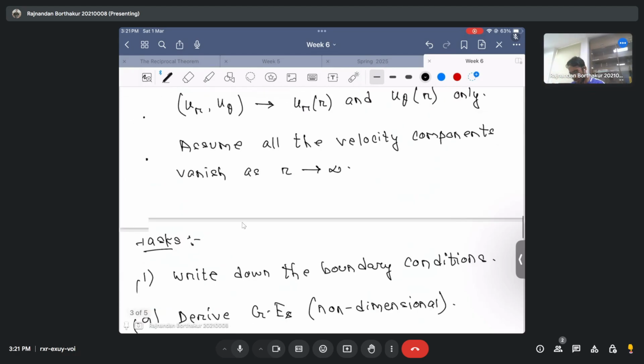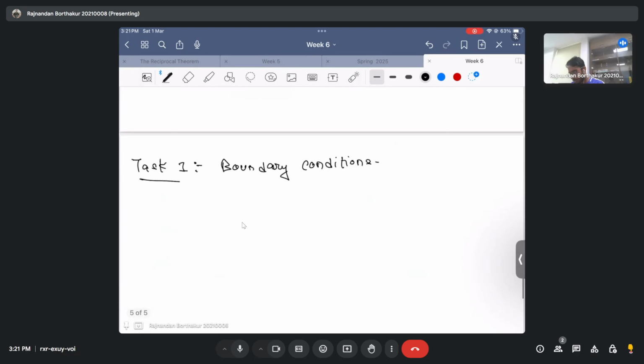So the boundary condition is that ur at r equals a is equal to minus u. And they have already stated that all the velocities will go to zero when we move far away from the cylinder, meaning that my ur, when r tends to infinity, equals 0.